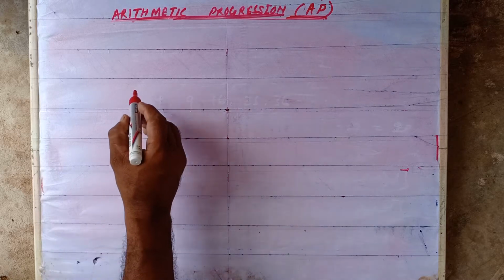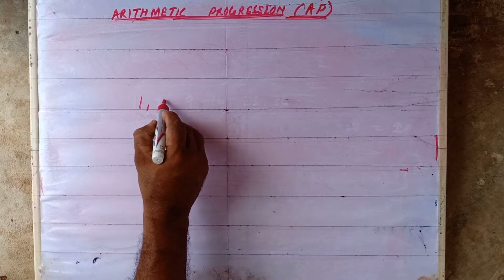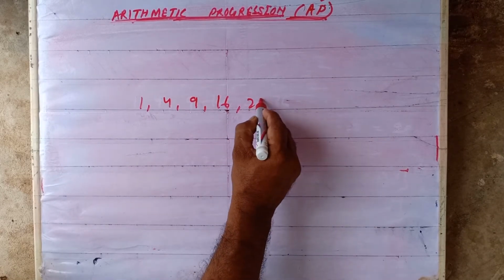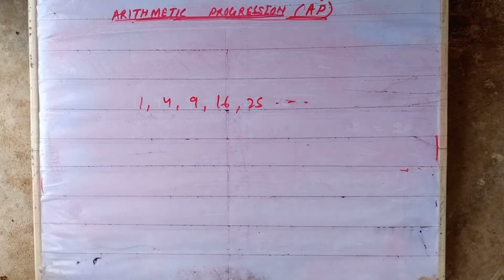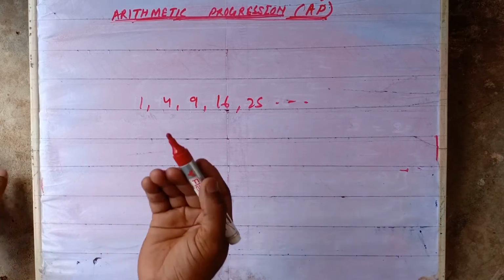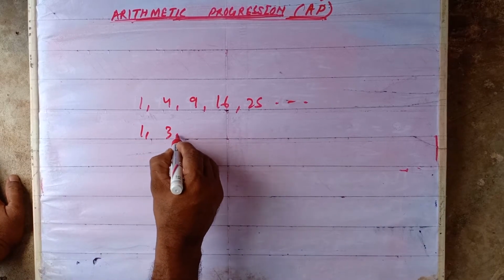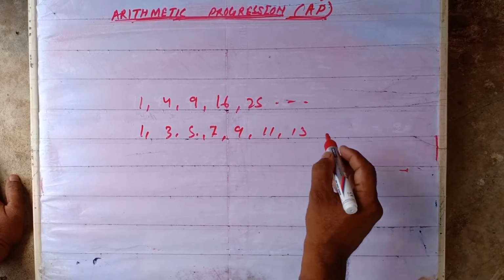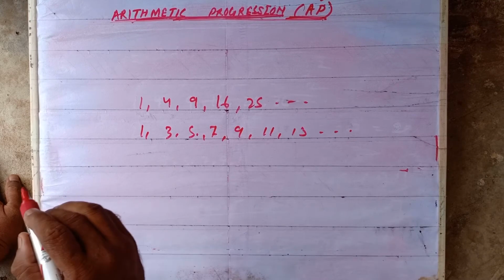Example, suppose 1, 4, 9, 16, 25. This is also a sequence, the sequence of squares of natural numbers. I can write 1, 3, 5, 7, 9, 11, 13. This is the sequence of odd numbers.